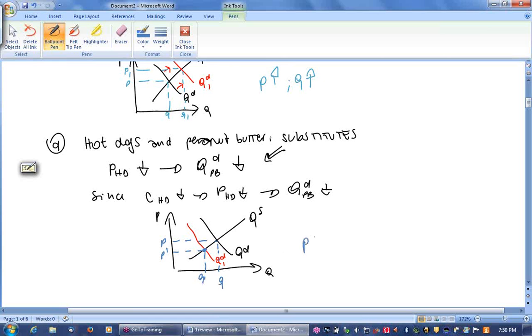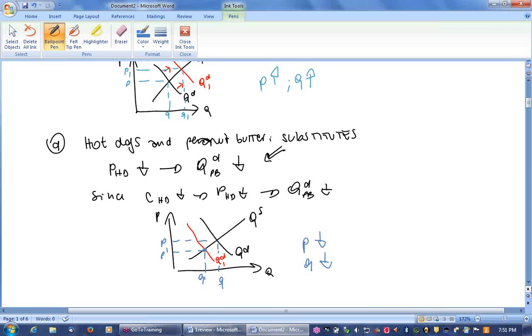So basically price decreases and quantity sold decreases. Again here we have a shift of the demand curve to the left, but this is due to the decreasing price of a substitute good.